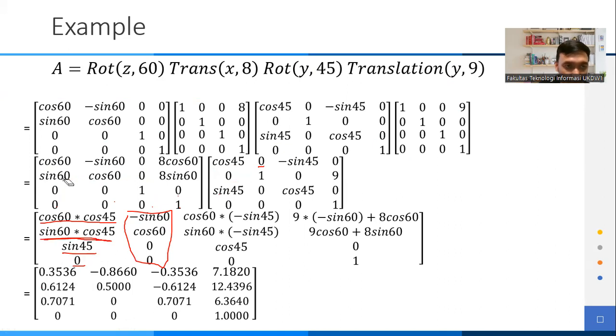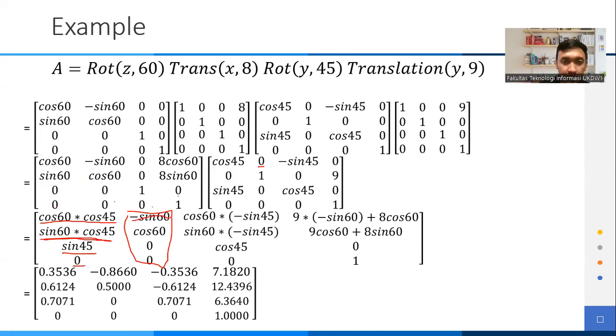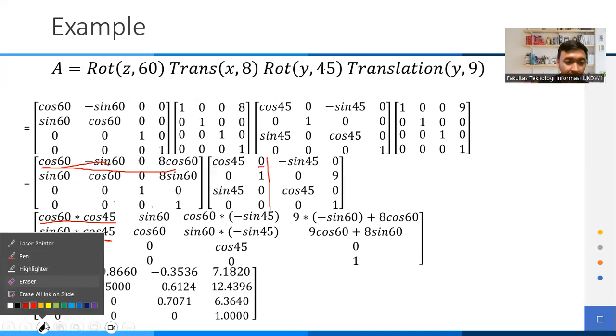For the first way, we multiply the first row with the second column. Cos 60, 0, 0, minus sin 60, plus 0, 0, 8 cos 60, 0. So the result is minus sin 60.